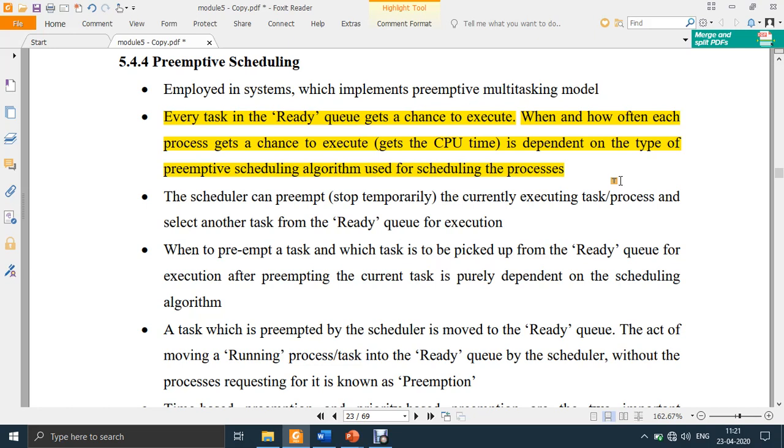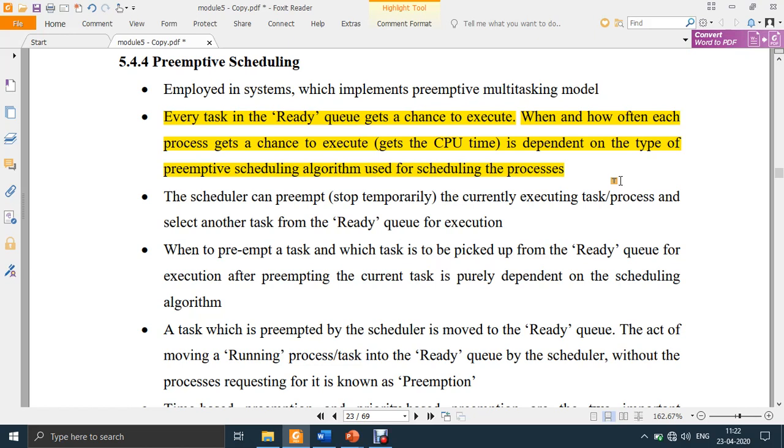That is also possible. So let's say a process or task requires 10 seconds of CPU time to complete its job. Let's say that process is process number 7, and it gets the chance to use the CPU. But it is not given the CPU for all 10 seconds. Let's say it is given the CPU for only 2 seconds. As soon as 2 seconds get over, the CPU will be taken away from process number 7.